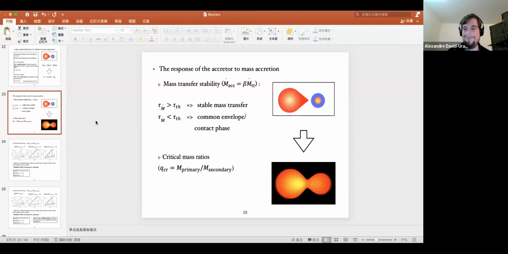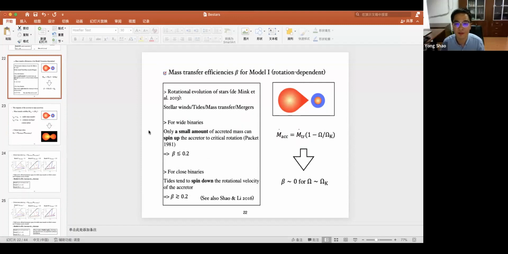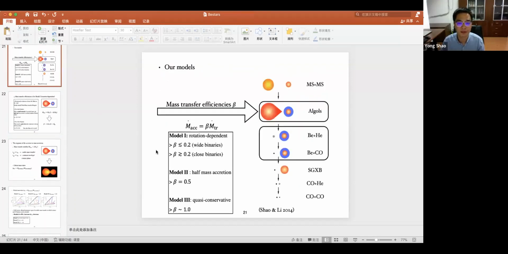We consider 3 different models for mass transfer. In models 2 and 3, the mass transfer is usually fixed to have a fixed value.